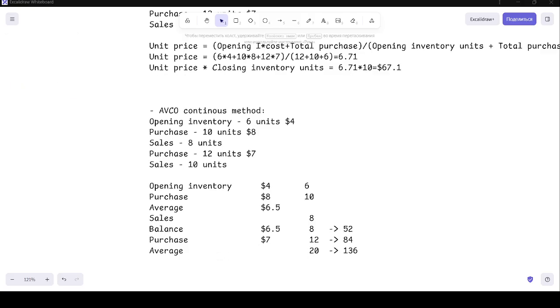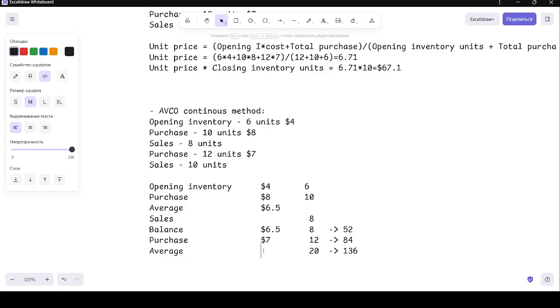This gives us the amount of 6.8. Yes, we had also the average purchase, and we had the sales.